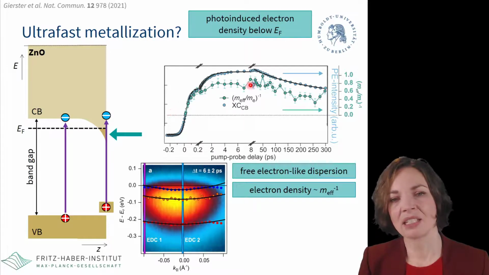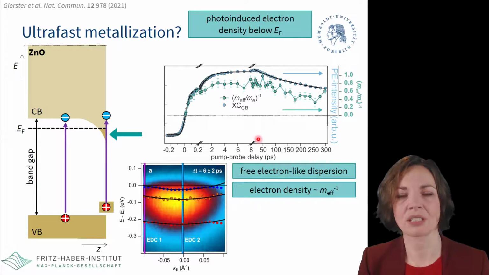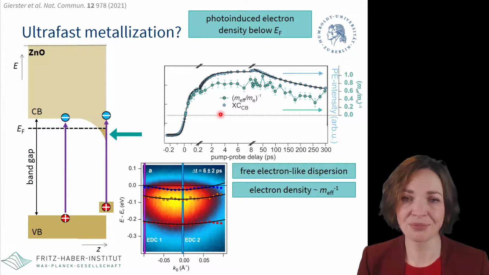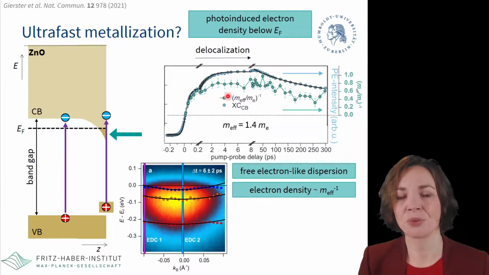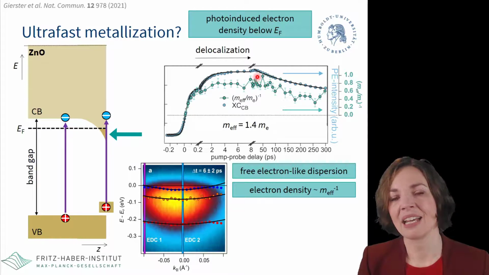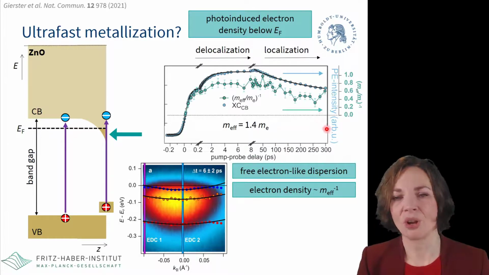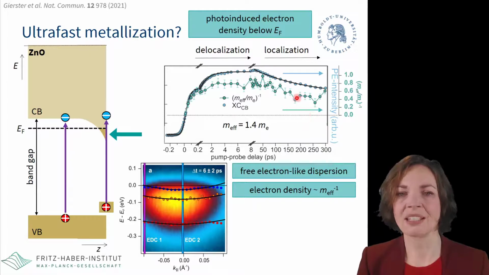It rises and then decays on longer time scales. So what we are observing here is a dynamic delocalization of photoinduced electron density followed by a dynamic localization on longer time scales. And this is depending on the electron density.